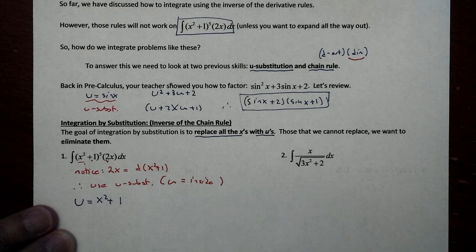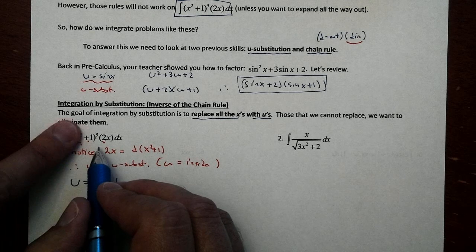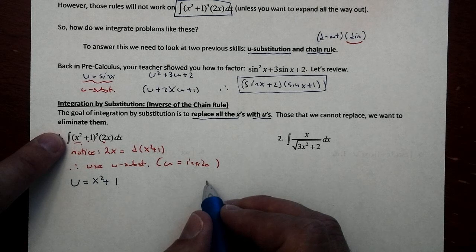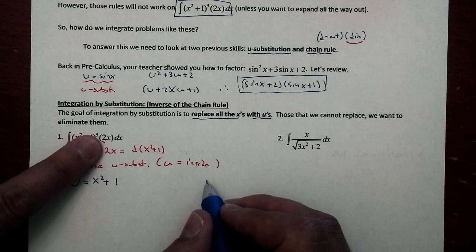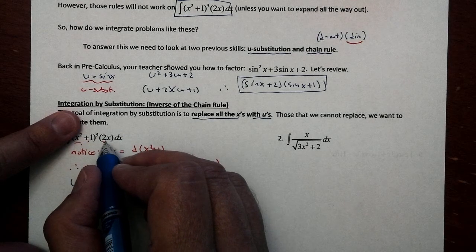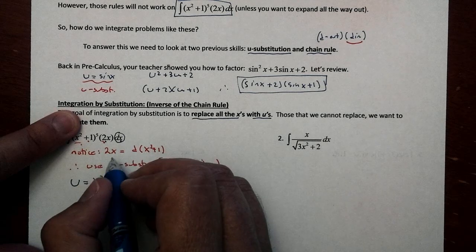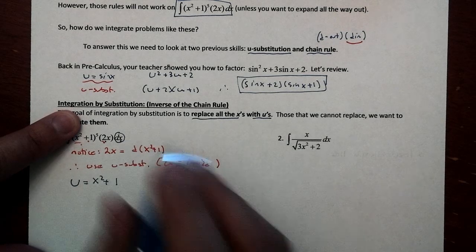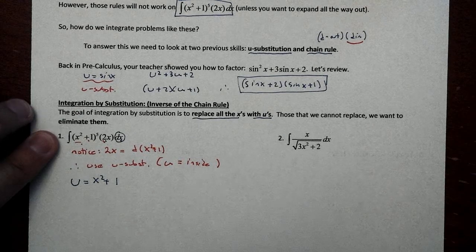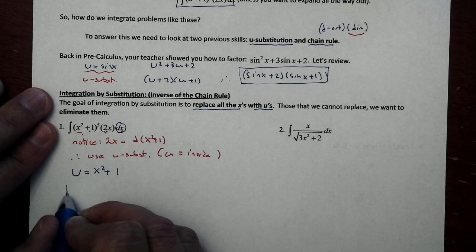Now, so far, if I were to rewrite this, I would have U to the fifth times 2x dx. Well, I still have to replace the 2x and the dx. The dx isn't so hard to replace because the dx is a differential. So all we're really doing there is, if I take the derivative of u, we would get du.